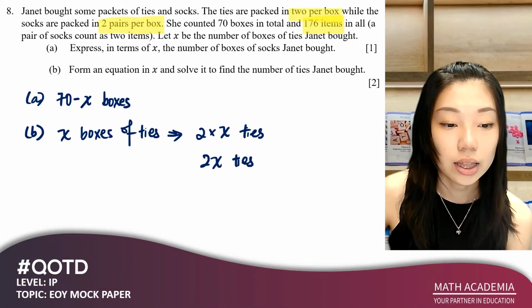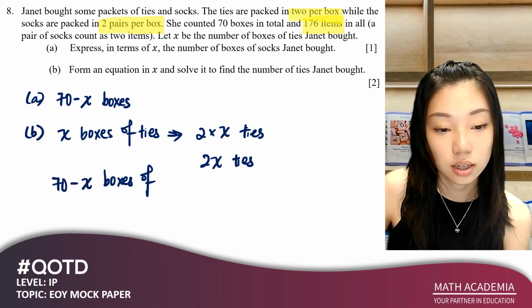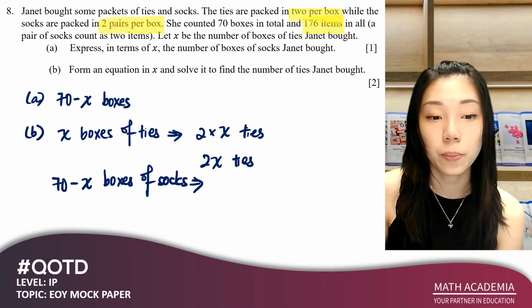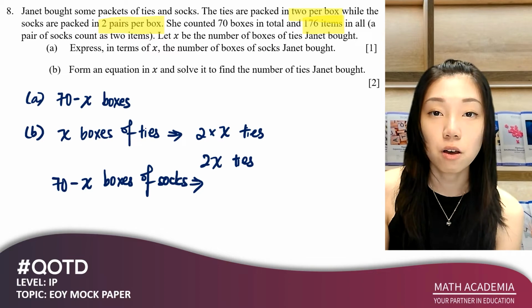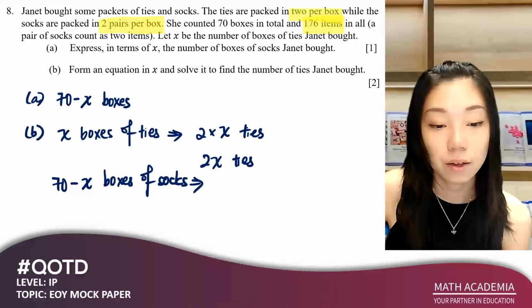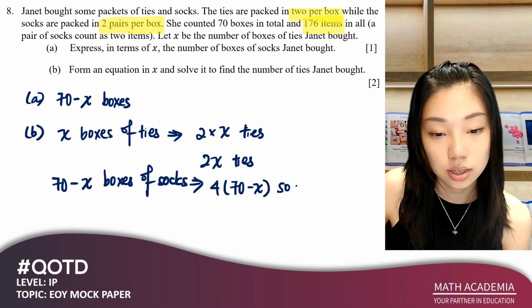I know I have 70 minus x boxes of socks, and I know that in each box of socks there are 2 pairs, which means there are 4 socks. So how many socks do I have? I have 4 multiplied by (70 minus x) socks.